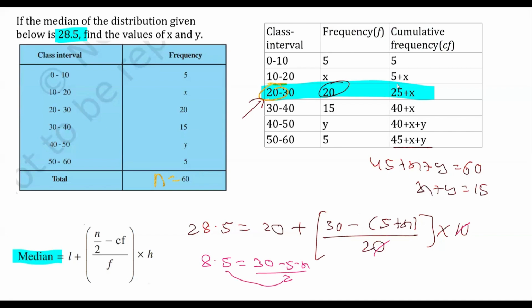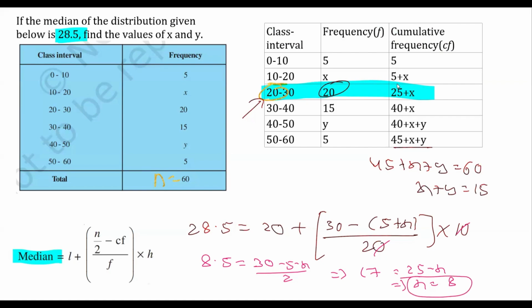Now, if I transpose to the other side, it's going to be multiplied here. So it's 8.5 into 2, that's 17. And this is how much? 25. So 17 is equal to 25 minus x. Further, I'm keeping x on the left and transposing 17 to the other side. So 25 minus 17 is 8.